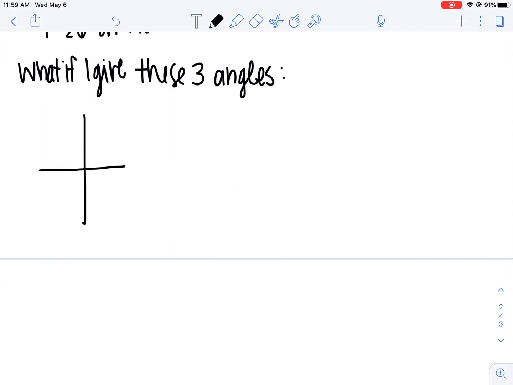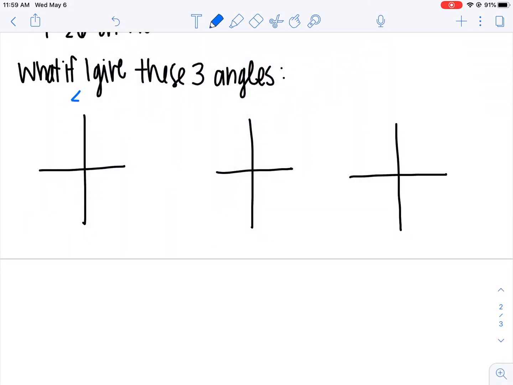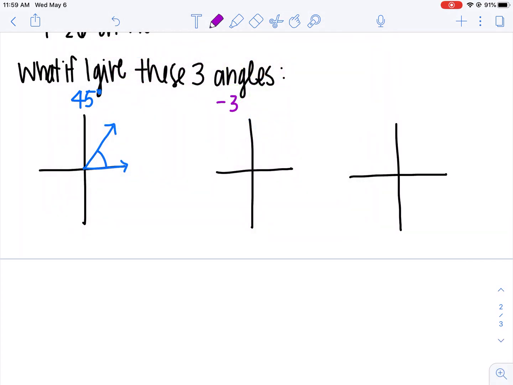Gotta draw my coordinate planes every time. So I've got 45 degrees. It's positive, so it's going to be in quadrant 1, and it looks like that. Then I've got a negative 315 degrees.